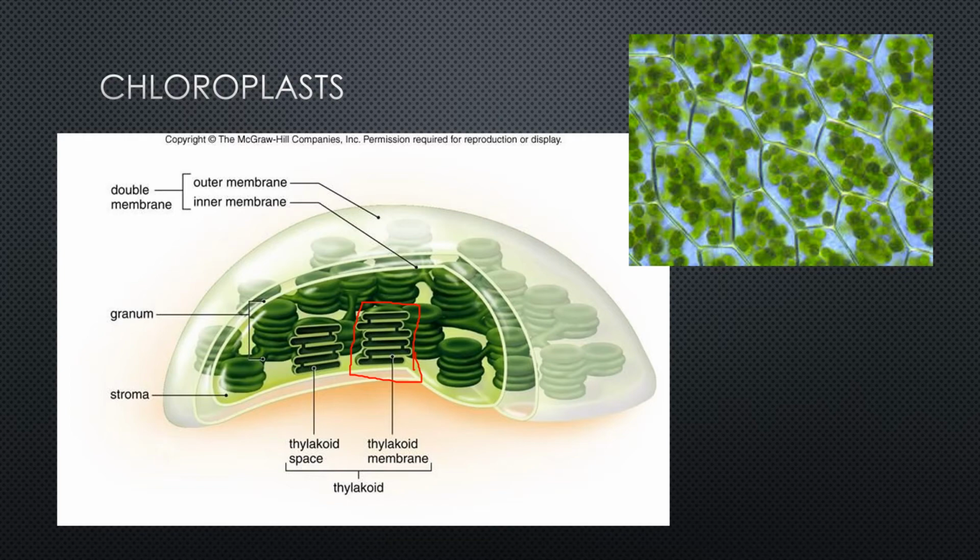And the thylakoids each have membranes with spaces in between them. They look like stacks of pancakes, really. And then there's what we call the stroma. And the stroma is just that liquid part in between all of the stacks of thylakoids.